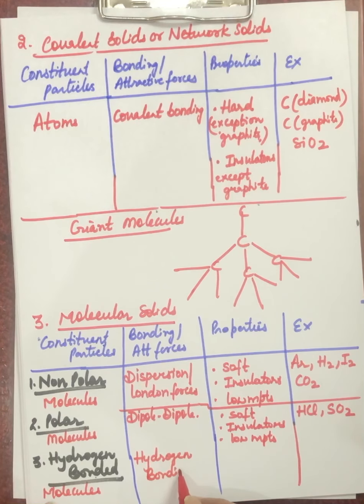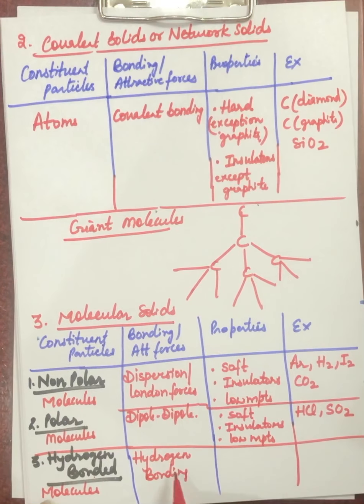Properties, since the bonding is strong here as compared to these forces, so they are hard, but these are also insulators because they have molecules, not ions or free electrons. But low melting point because bonding is not very strong as compared to the covalent bond or ionic bond.